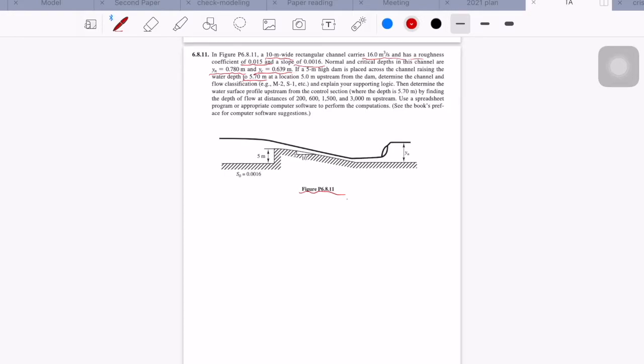From the problem, since we know the normal depth is greater than the critical depth, we can determine the channel is mild.